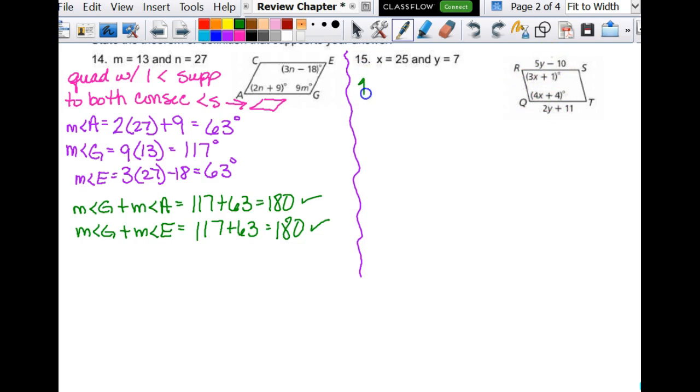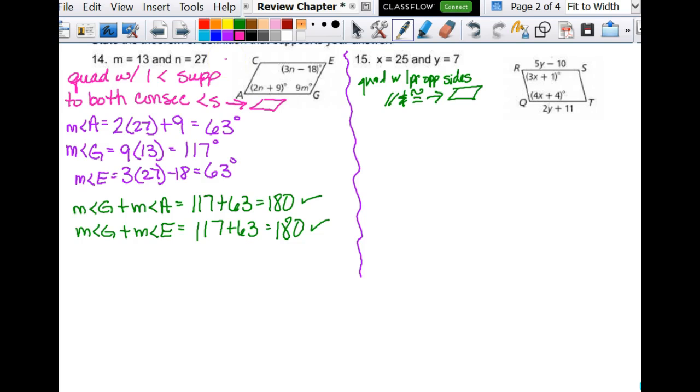So if I have a quadrilateral with one pair of opposite sides parallel and congruent, then it is a parallelogram. So that's my goal, is to show that.